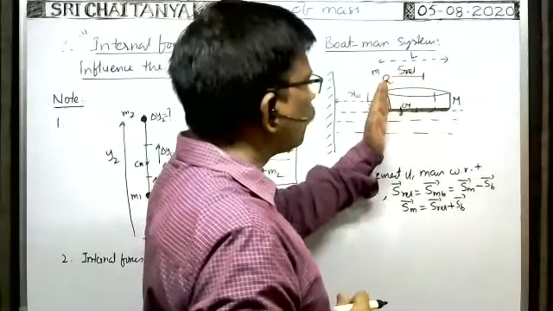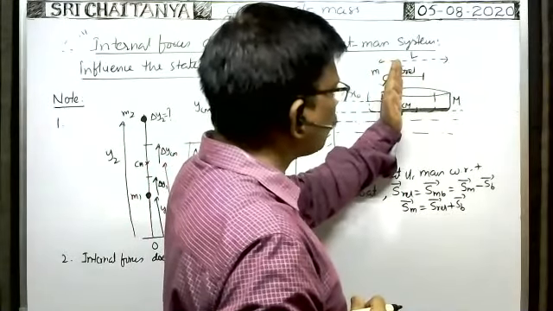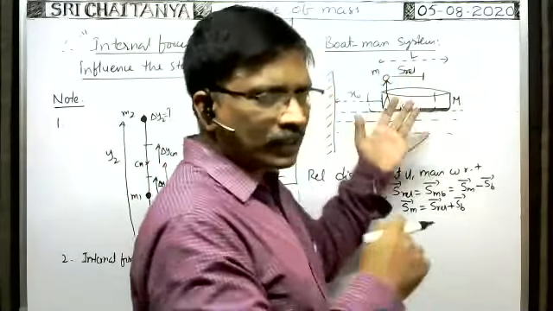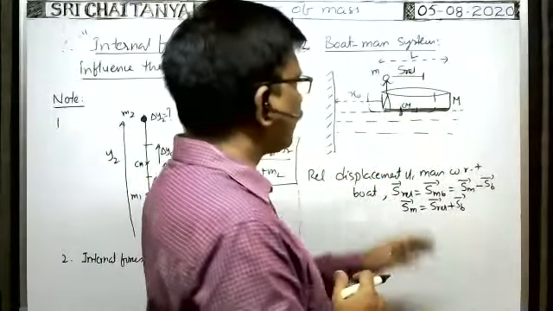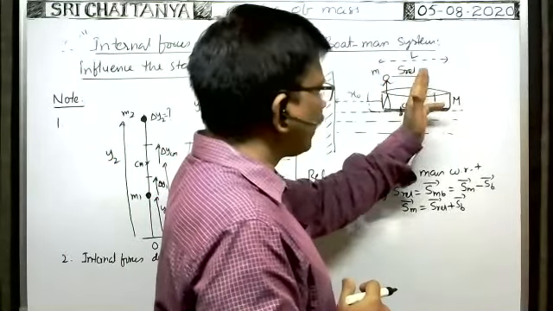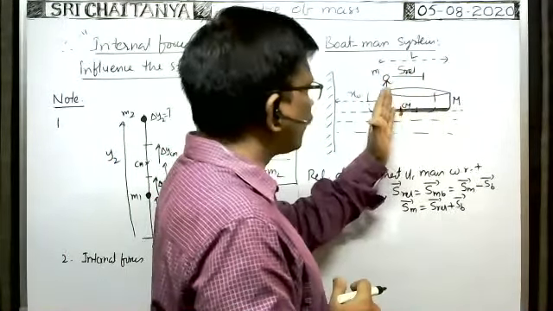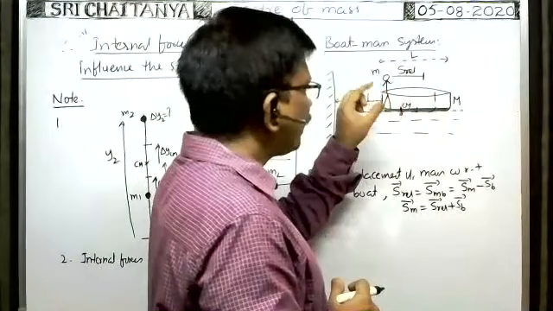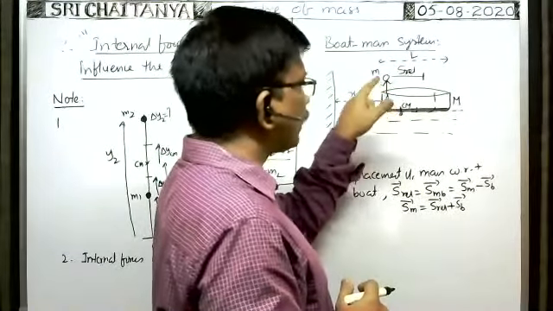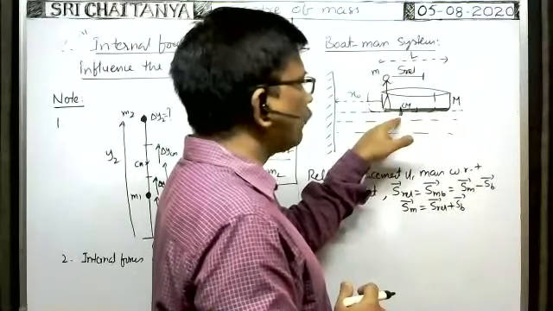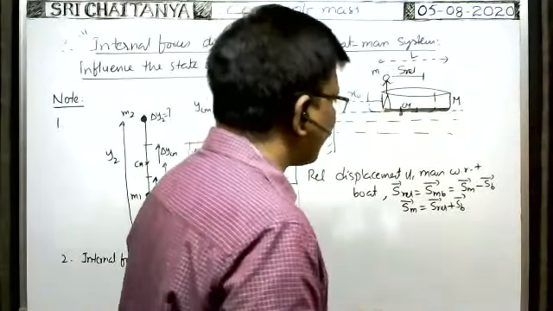If the boat did not move back while the man moves this way, the center of mass would move, and that violates the concept explained so far. Hence the boat moves backward so that the center of mass lies at the same point, because internal force does not alter the state of the center of mass.